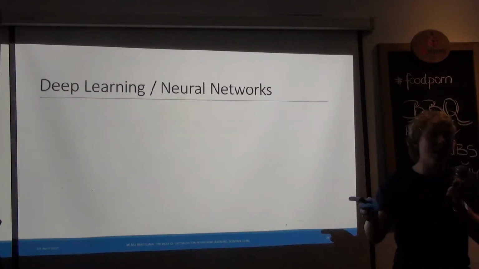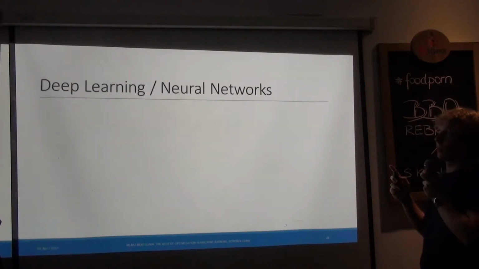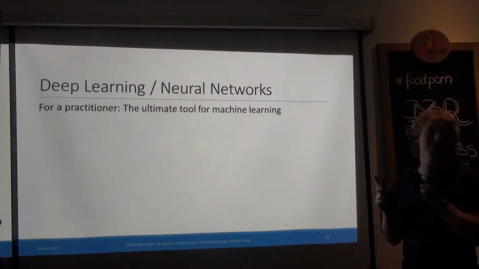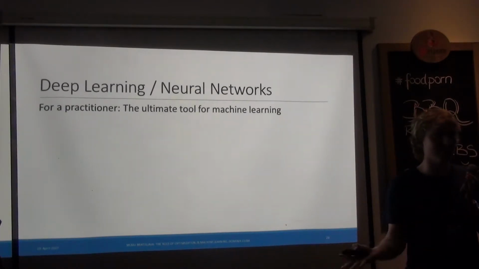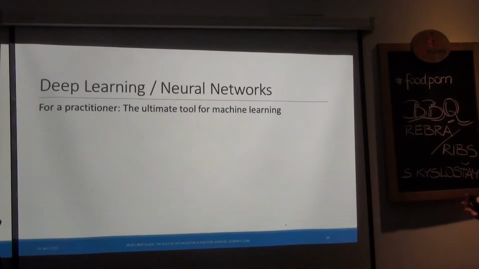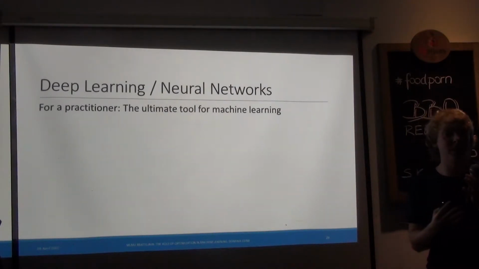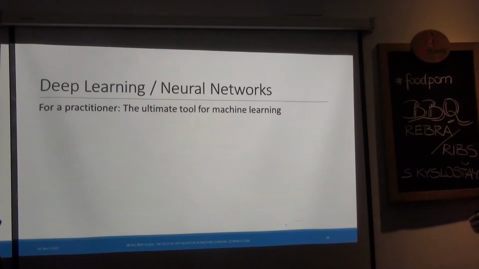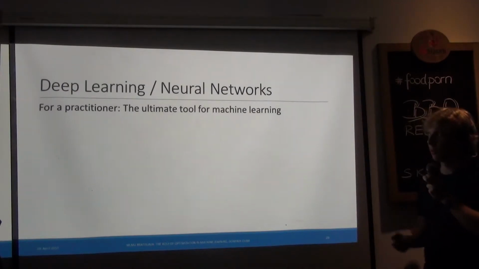Deep learning has one big pro, and that is that it's just super cool and it works. It's the ultimate tool for machine learning. It actually tackled many of the problems that were not solved before, image recognition and so on. With deep learning, it seems to be just easy somehow.